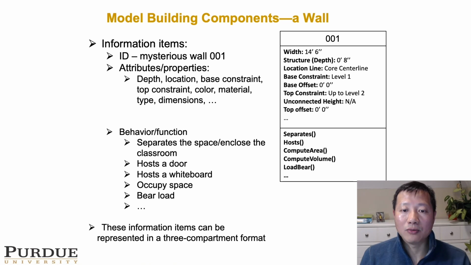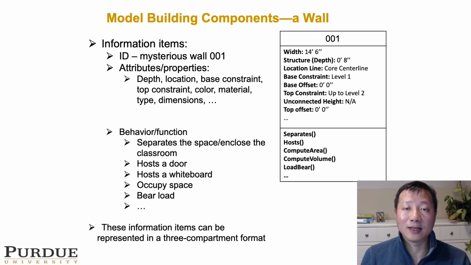Now, regarding behavior or function, we say this is an interior wall, so one of its main functionalities is to separate the space, separate the classroom from the hallway. Or the other way to look at it is that it encloses the classroom. It is also a wall.